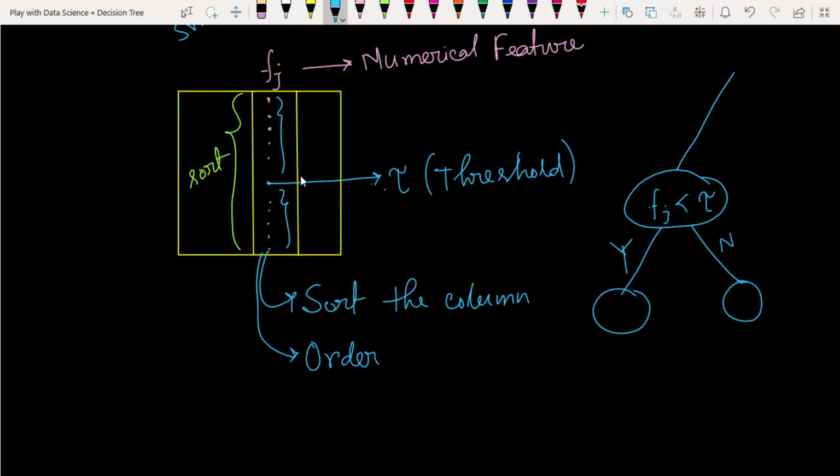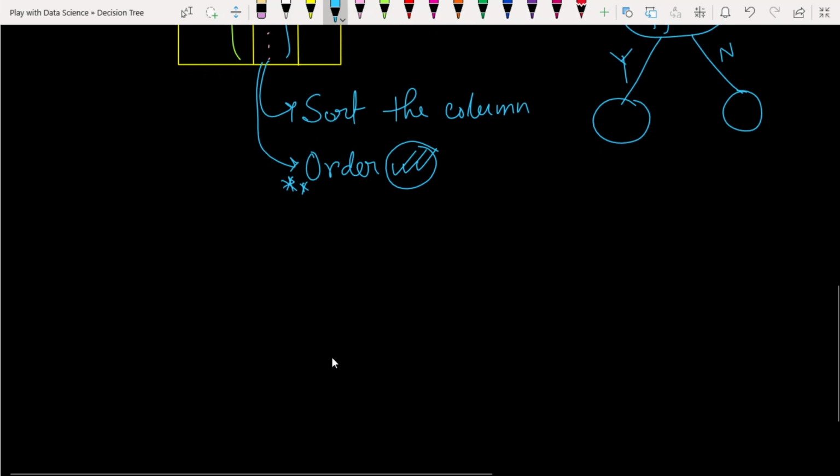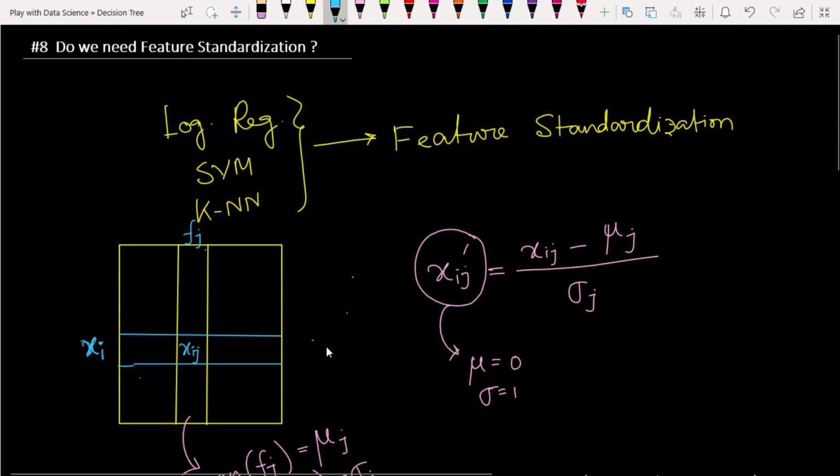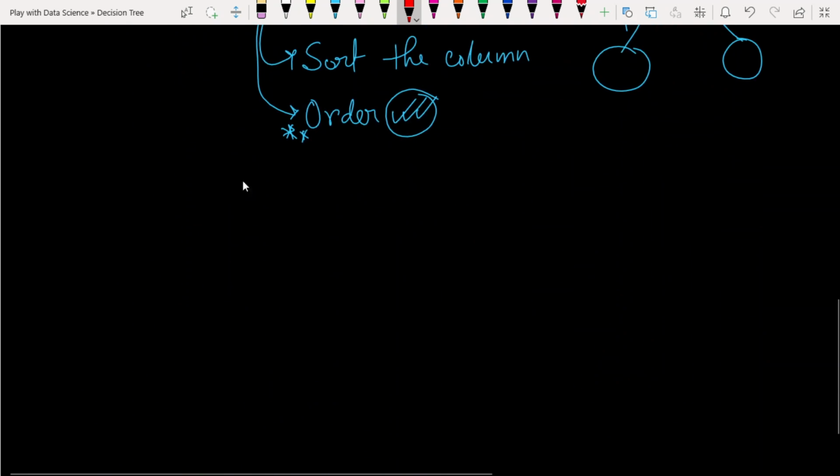We just have to check the conditions. The important thing is that we need that order. Because of this, we don't need any feature standardization technique for a decision tree.